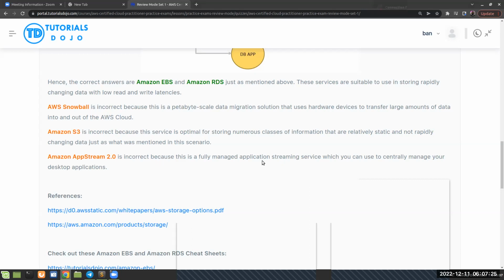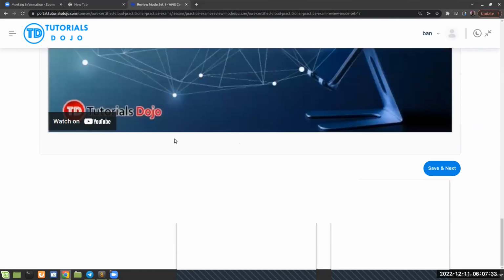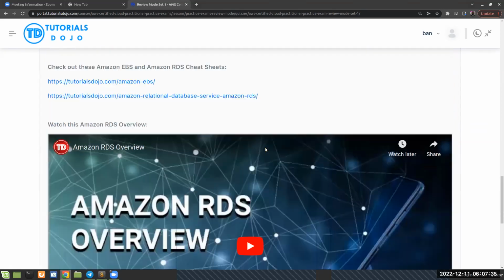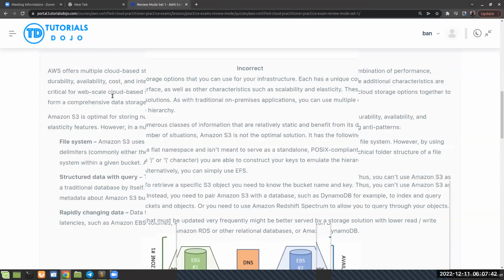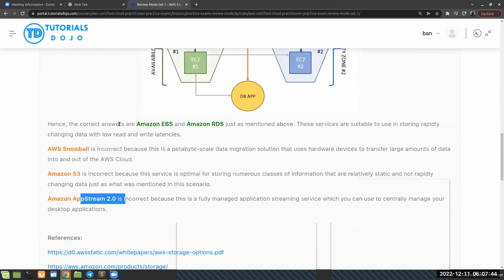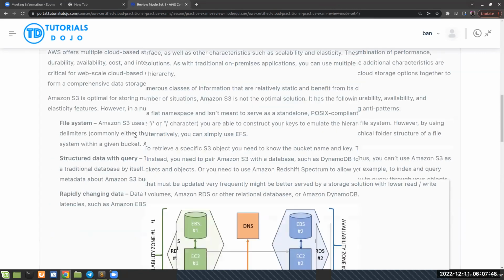So hope everyone captured that. Any question? I hope it's clear why it's not S3, it's not AppStream, it's not Snowball. EBS and RDS will do that.